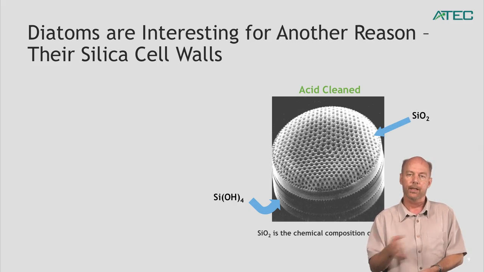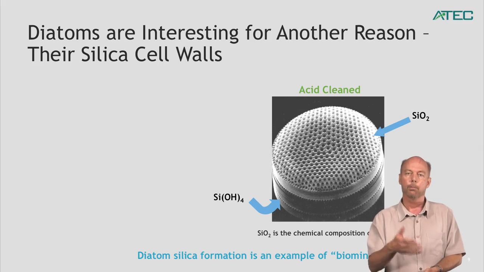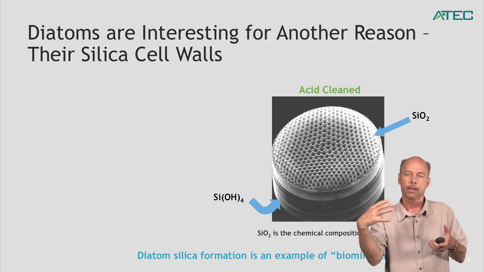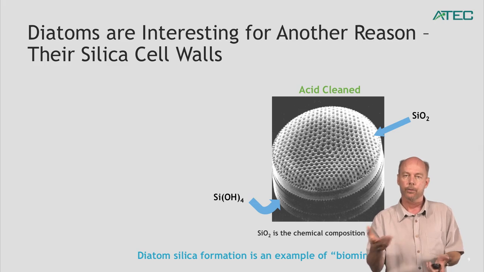And silica is the exact chemical composition of glass. So these organisms basically make a cell wall out of glass. And this process is called biomineralization. They've taken an inert material in the ocean and made a mineral structure out of it through biological processes.